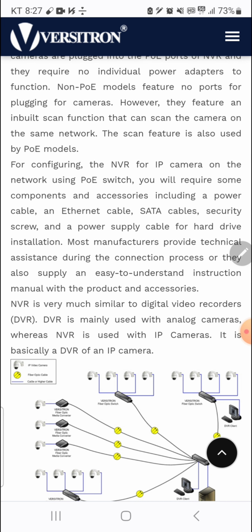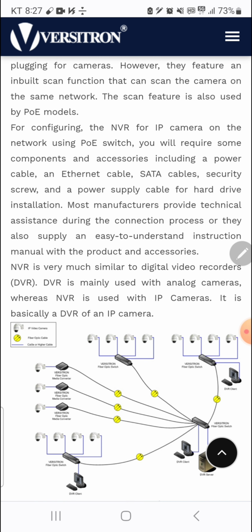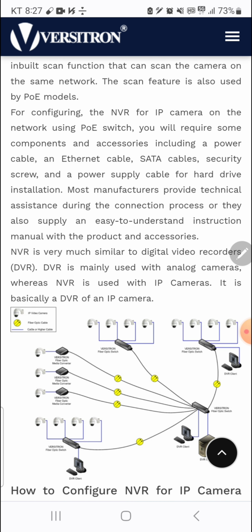However, they feature an inbuilt scan function that can scan the cameras on the same network. The scan feature is also used by PoE models. For configuring the NVR for IP camera on the network using PoE switch, you will require some components and accessories, including a power cable, an Ethernet cable, SATA cables, security screw, and power supply cable for hard drive installation.